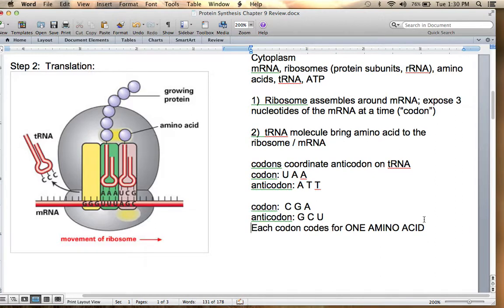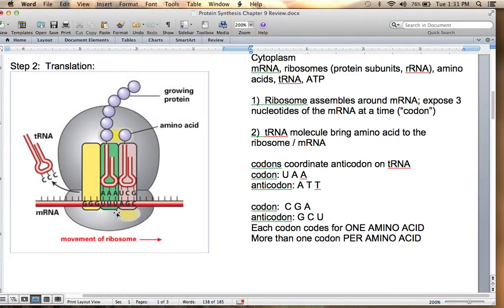Now, there is some redundancy in the genetic code because there might be more than one codon per amino acid. For example, let's say the GGG here could code for alanine, but then the UUU might also code for alanine.